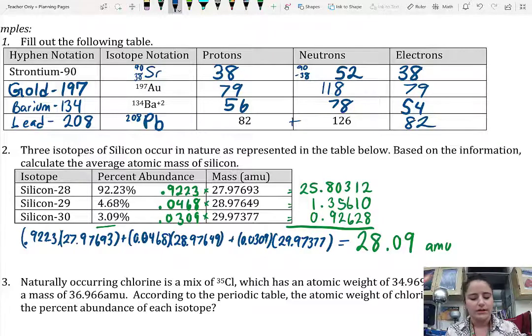And that's how you do a weighted average.